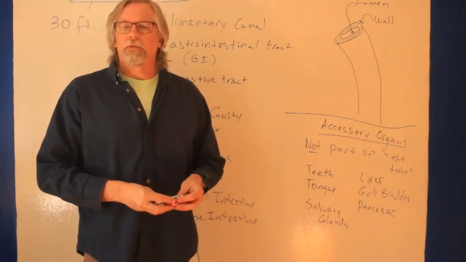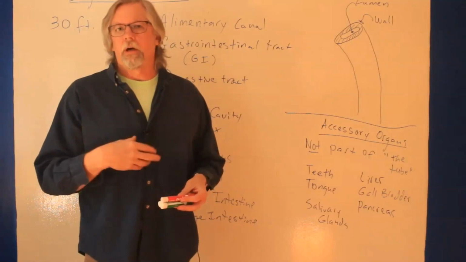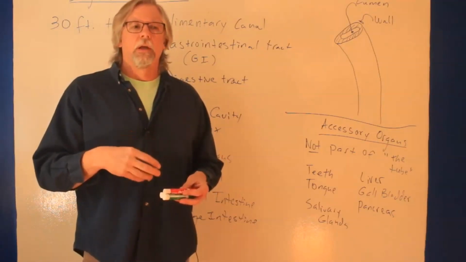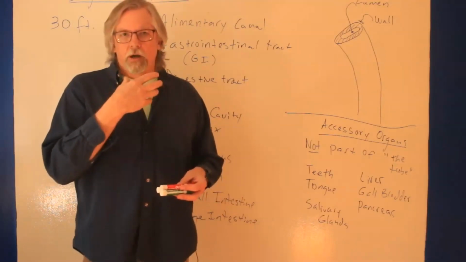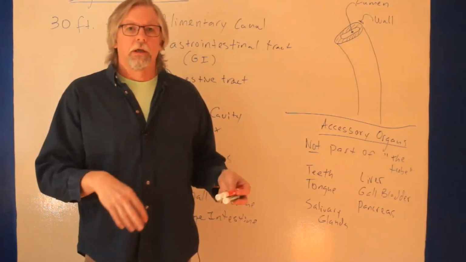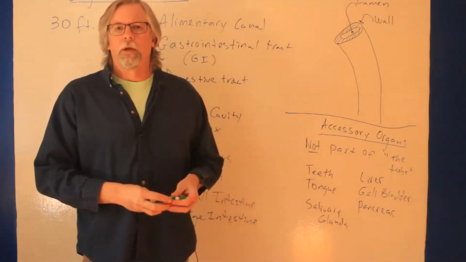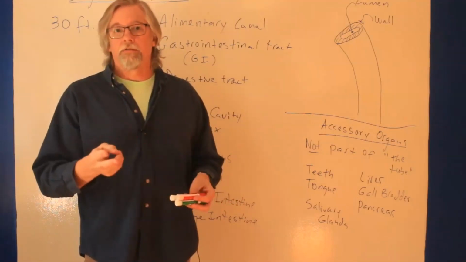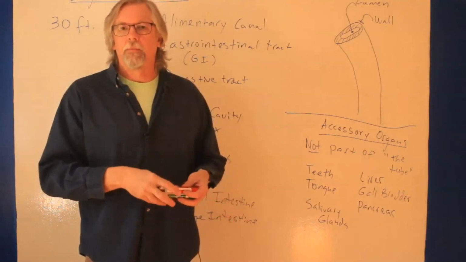Or it's not digestible, and for example, there are a lot of plant fibers that we are not equipped to digest, and what happens to those is they make the trip from your mouth all the way through this 30-foot tube, and they exit at the anus. So they're not absorbable. So that's one of the 2 fates. Either it gets absorbed into the body or it passes all the way through.